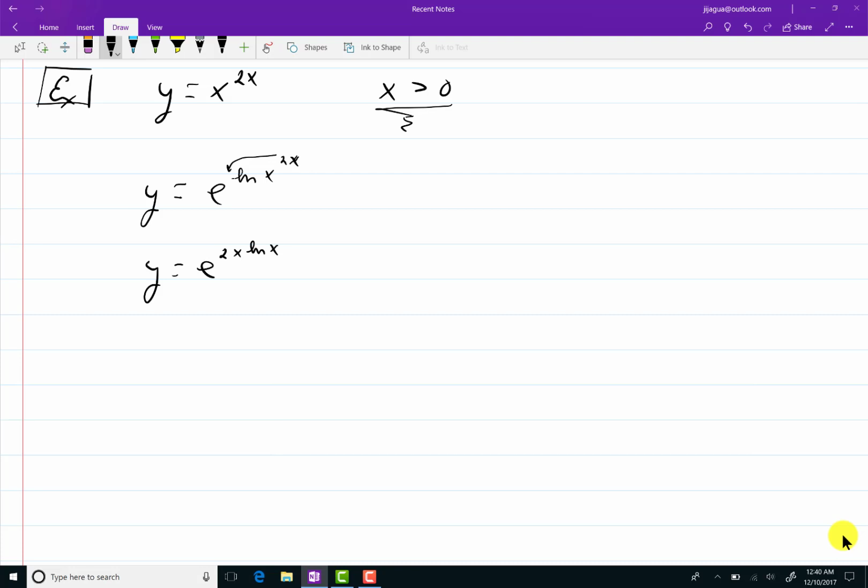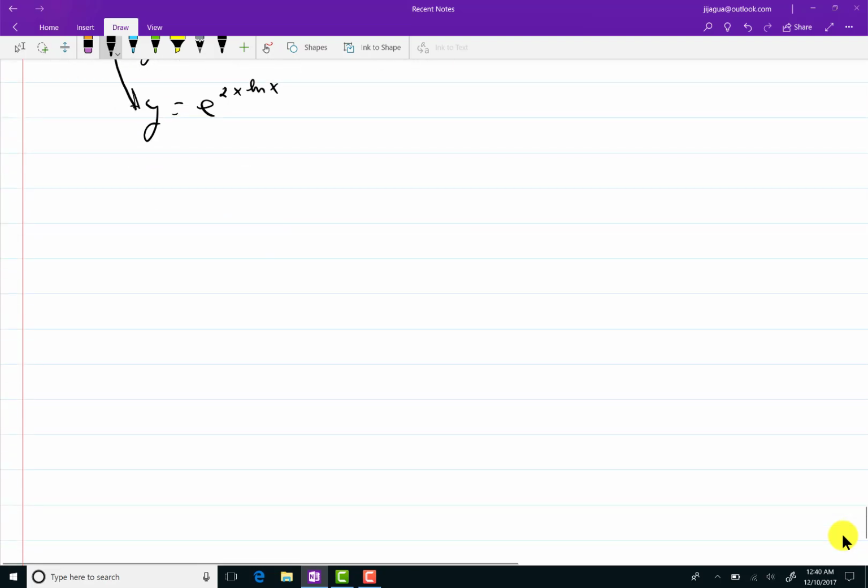And in fact, after this particular example, I'm going to go directly from this spot to this spot, bypassing the explanation, because it's something that you should get comfortable with. You'll do it so often. So we take the derivative. You're going to get e to all that stuff, 2x ln of x, times the derivative of the exponent, 2x times ln of x.